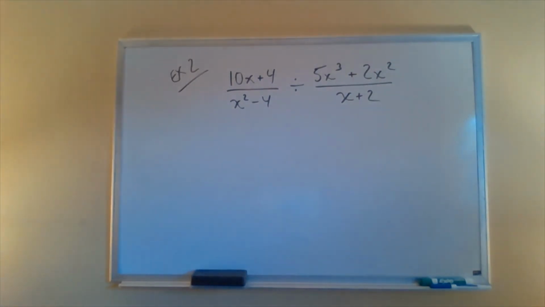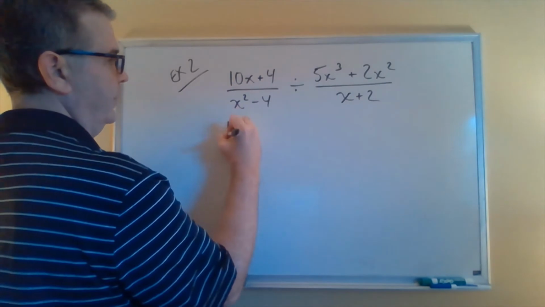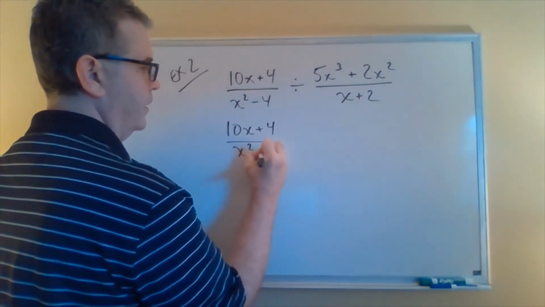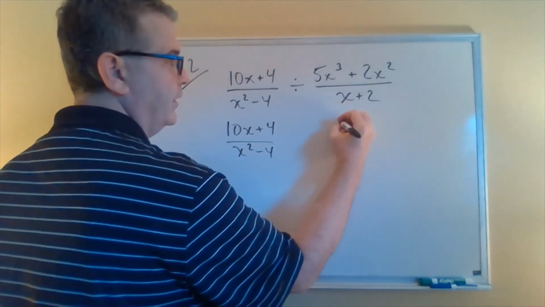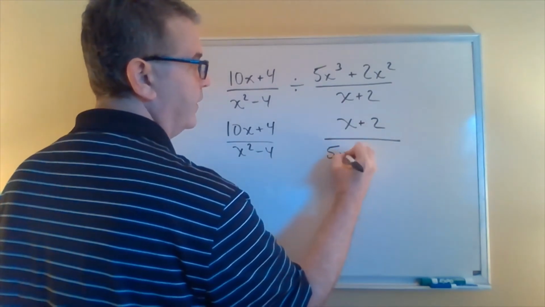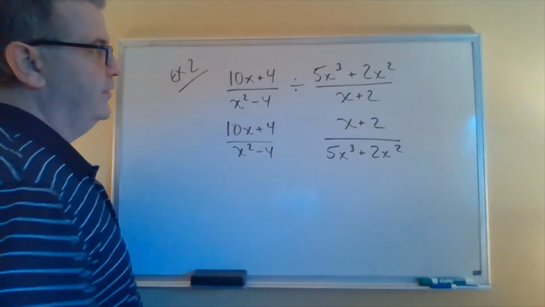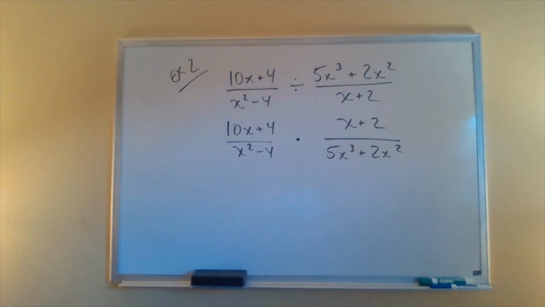So step 1, we leave our first fraction as is. We're going to reciprocate that second fraction, which means we're going to flip it. So this now becomes x plus 2 over 5x cubed plus 2x squared. And now we change that division operator. It now becomes a multiplication problem.